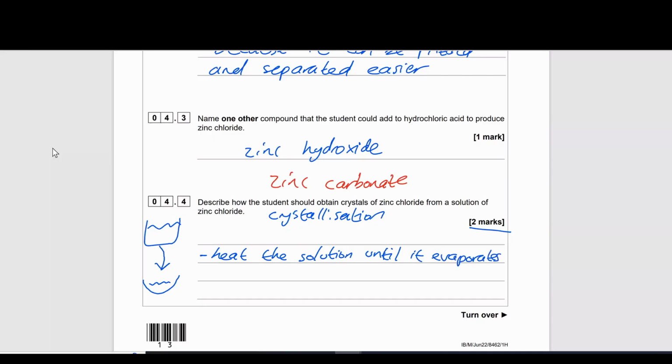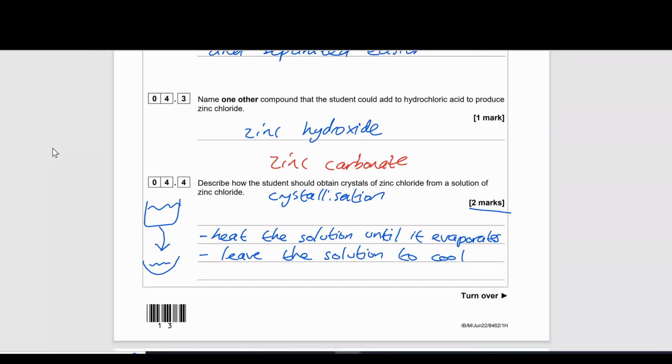But we won't form crystals just yet. There's a very important last step that we must do, which is to leave the solution to dry or cool, and then crystallization will definitely happen. You'll form your salt crystals.